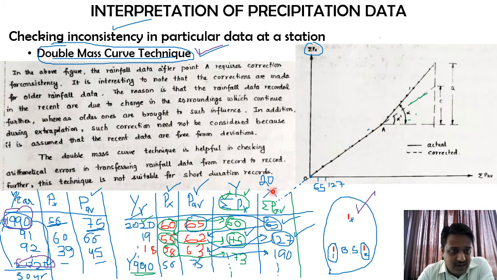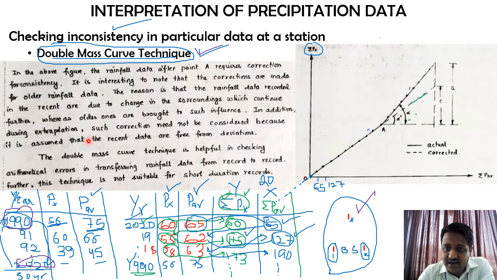Whereas the older ones are brought to such influence, that is, from 2008 till 1990 there was no building. So what we are trying to do is correct the rainfall characteristics where there was no building, and bring it in line with the point where the building exists. That is what this sentence means.